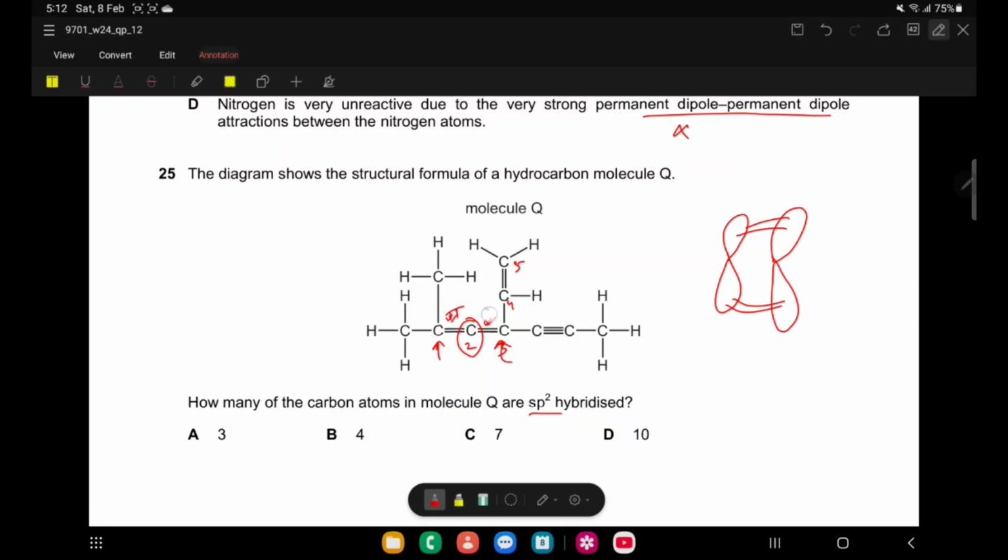Here is one pi bond and there is another pi bond, so it's not possible to have sp2 hybridization. That means this one should not be counted as an sp2 hybridized carbon. So how many? 1, 2, 3, 4. So the correct answer is 4.